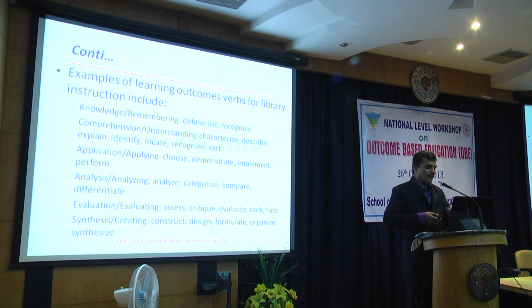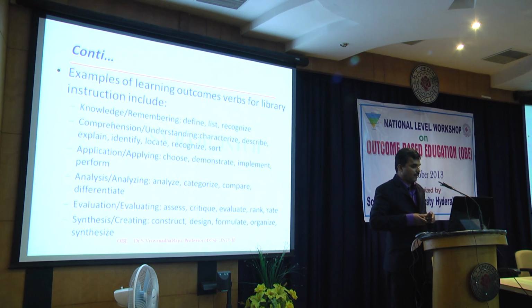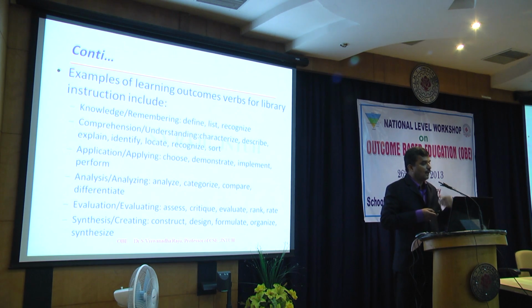Examples of learning outcome verbs for library instruction. You see that. Knowledge, remembering: define, list, recognize. These are the words we have to use when writing the outcomes. Course outcomes means subject outcomes, paper outcomes, whatever nomenclature might be used, I don't know. Next, comprehension: describe, explain, identify.